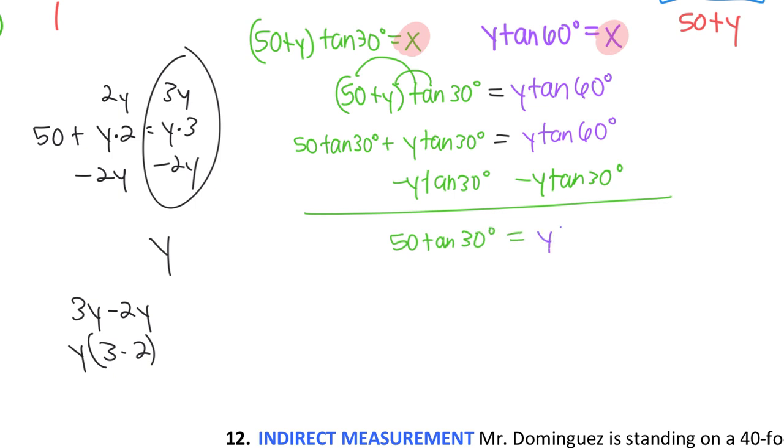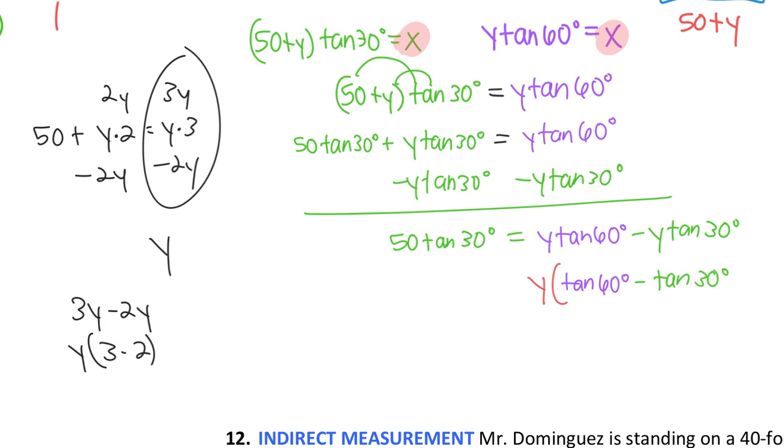So now it's y times the tangent of 60 degrees, or minus y times the tangent of 30 degrees. So again, just like I did over here, what's common between those two terms is the y. So we're factoring it out. So I've got y and y, so we're going to factor it out there. So it's going to be y times, and then it'll be the tangent of 60 degrees minus the tangent of 30 degrees.